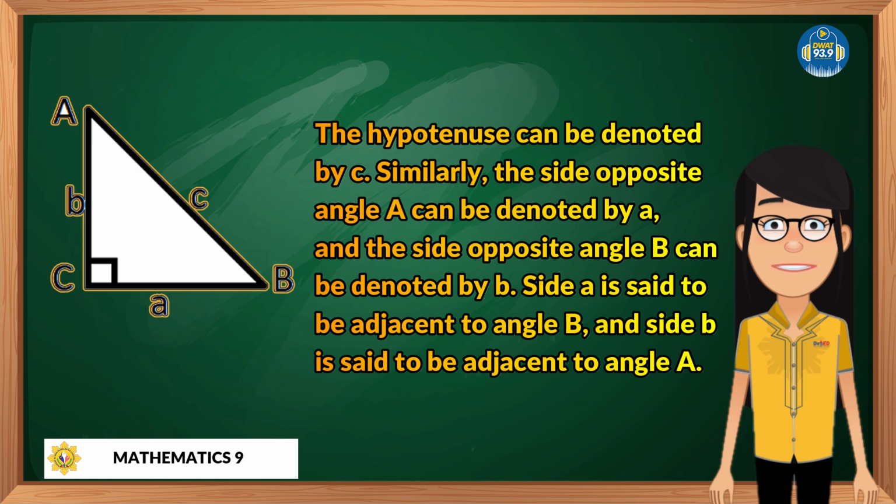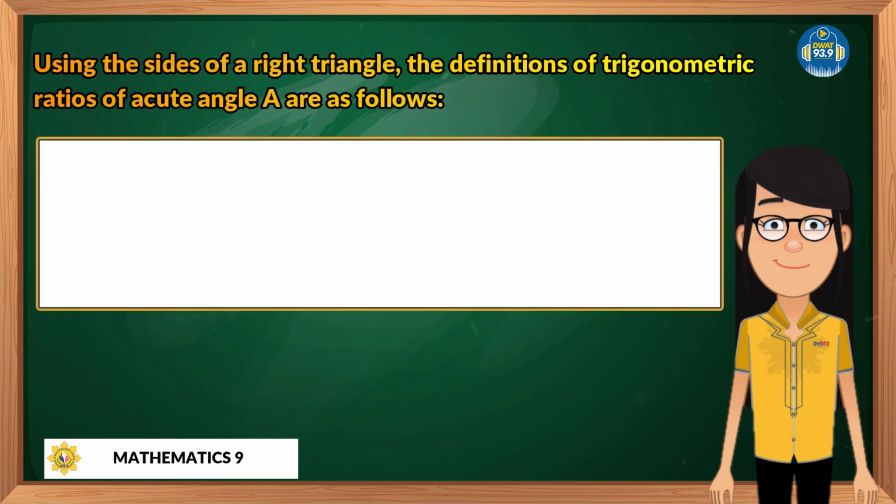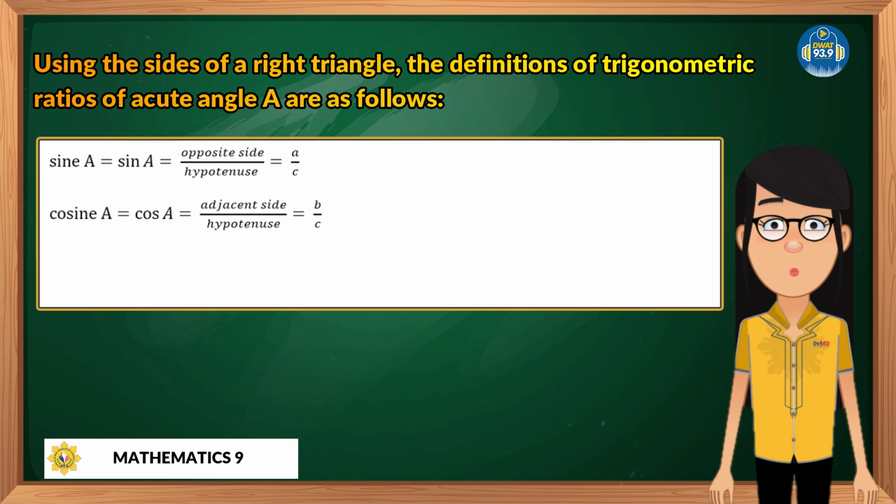Using the sides of a right triangle, the definitions of the trigonometric ratios of acute angle A are as follows. Sine A is equal to opposite side over hypotenuse, or a over c. Cosine A is equal to adjacent side over hypotenuse, or b over c.